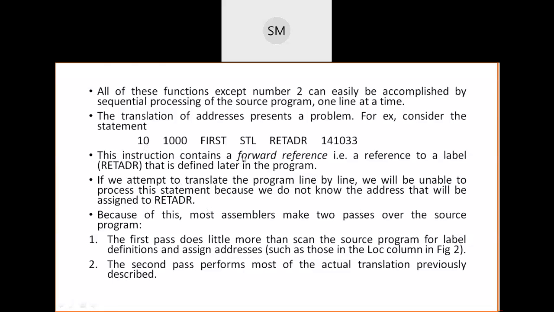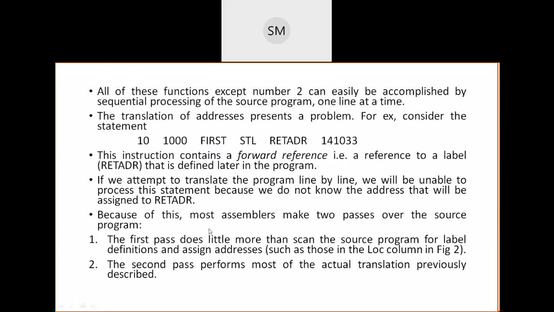Clear? So this is called forward reference. For every instruction, if you observe, you should keep on searching for the address of the operand in the next 10 to 15 lines onwards.